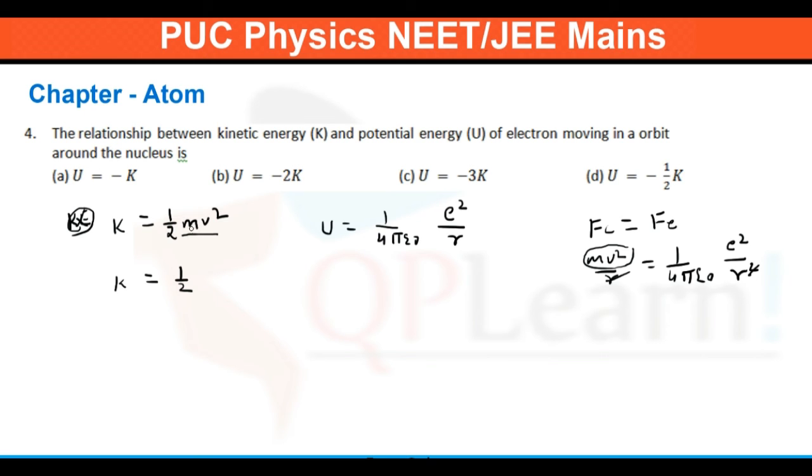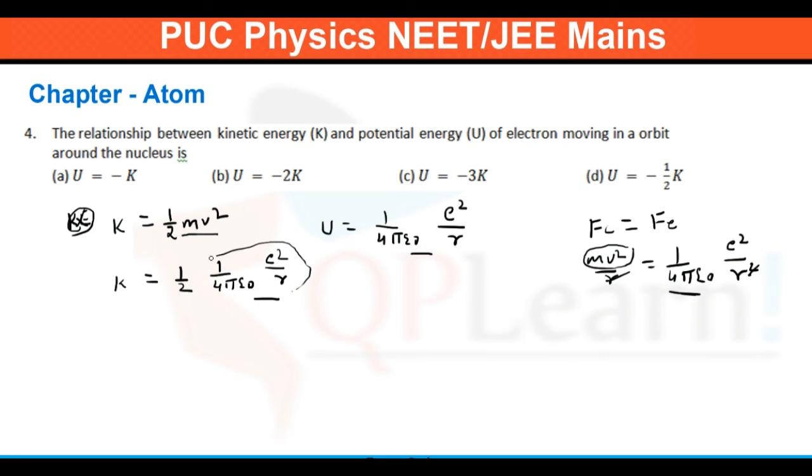So in the place of mv square, I will substitute this one: 1 by 4 pi epsilon naught into e square divided by r. So the potential energy is 1 by 4 pi epsilon naught e square by r, and this and this are similar.